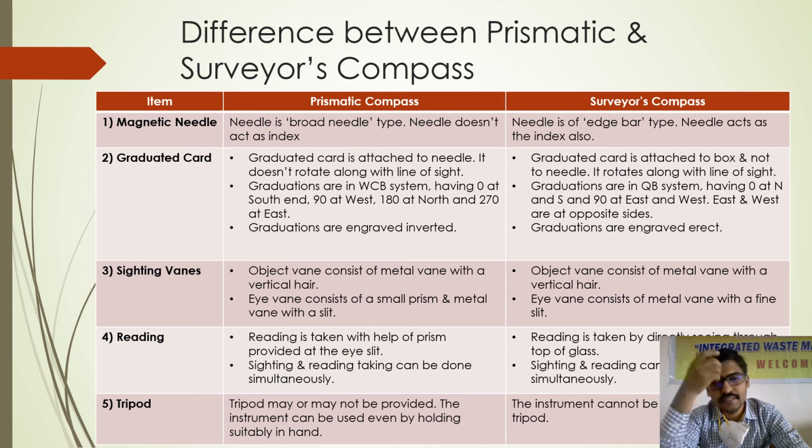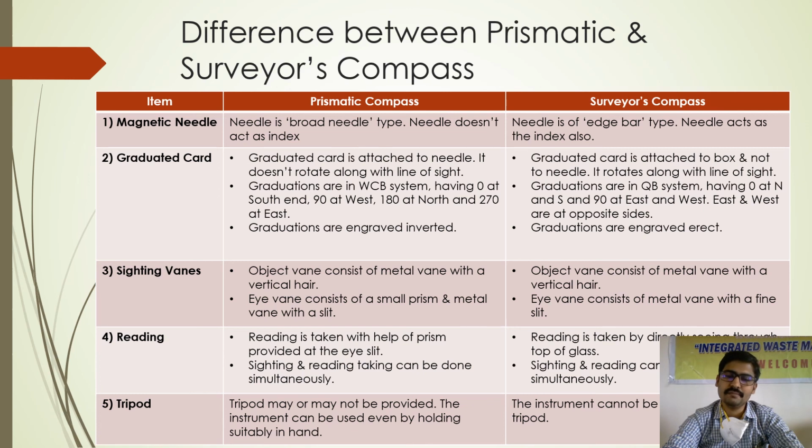And here in prismatic compass, sighting vanes: there is one object vane which is a metal vane with a vertical hair at the center, and even in case of Surveyor's compass you find a similar kind of object vane, whereas eye vanes are different in prismatic compass in comparison with Surveyor's compass. In prismatic compass, the eye vane consists of a prism, and that prism will have a vertical slit at the top and a circular hole at the bottom, so that the reading can be easily read.